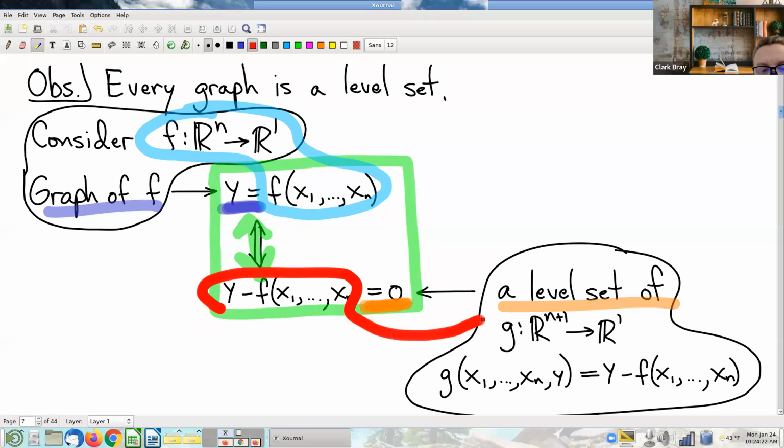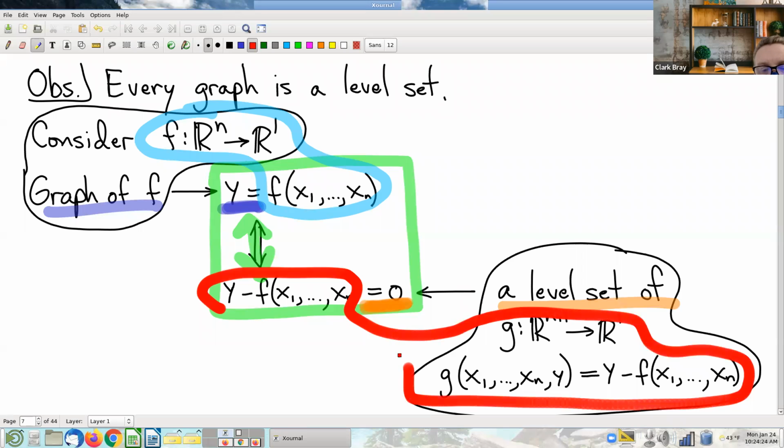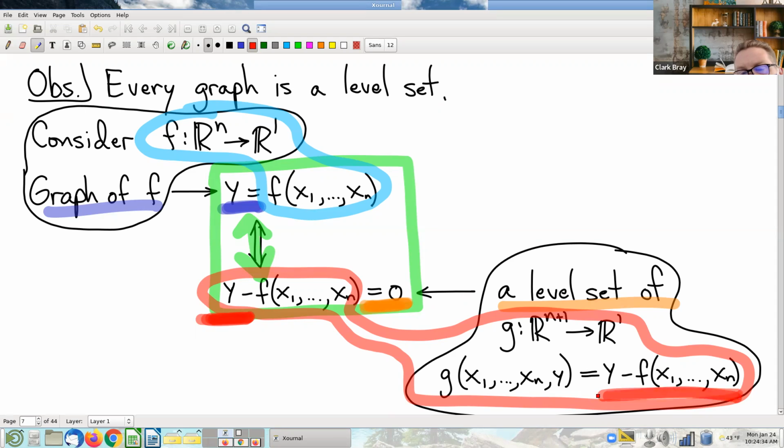This function right here. Y is one of the input variables for this function. There are n+1 inputs. It has a totally different formula. That's the function whose level set I'm looking at. Nevertheless, that graph of that function is clearly identical, per the green algebra, to a particular level set of this other function. Okay.